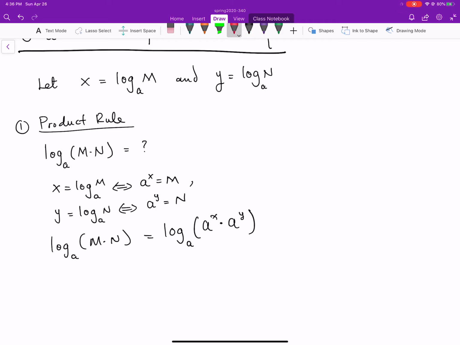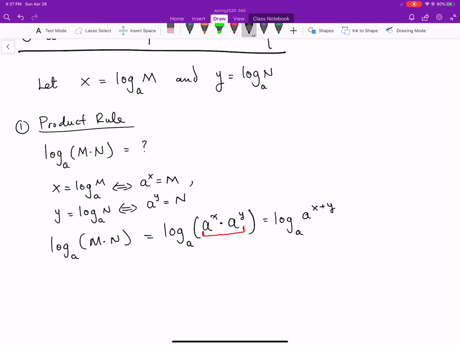Now, hopefully you can see that you can apply your rules of exponents to simplify this expression. So when you do that, you end up with log a of a raised to the x plus y.